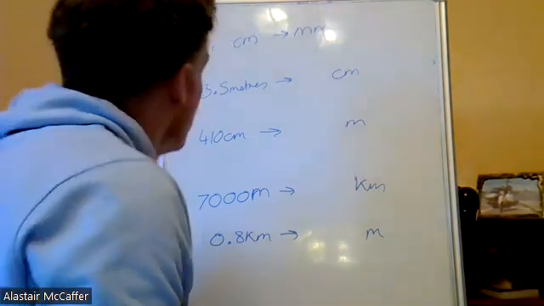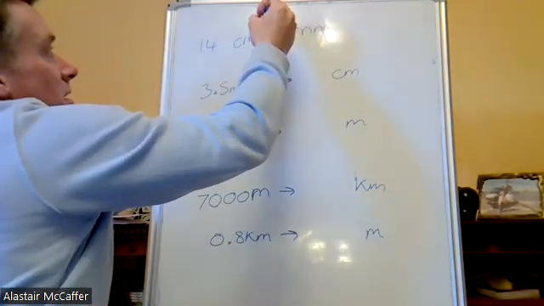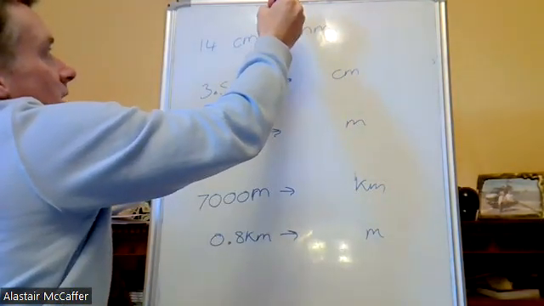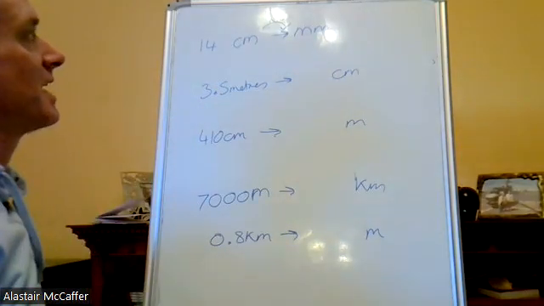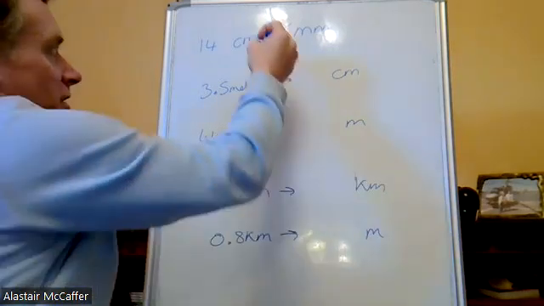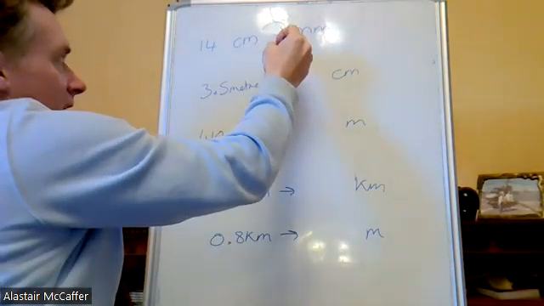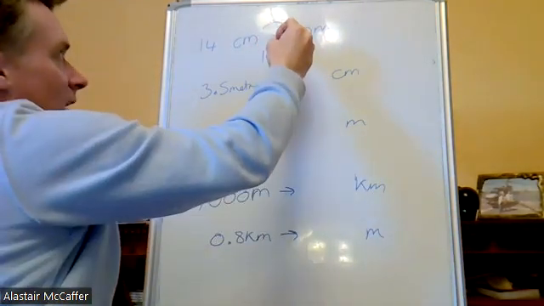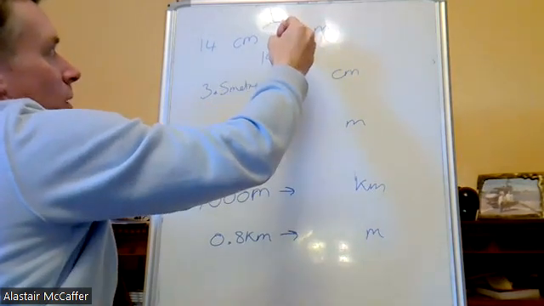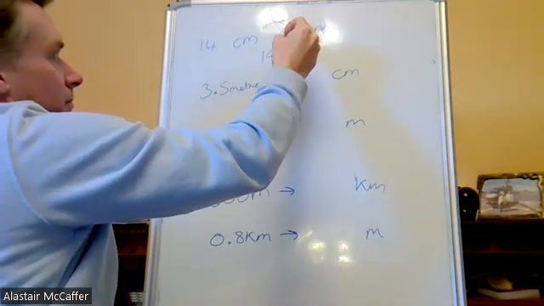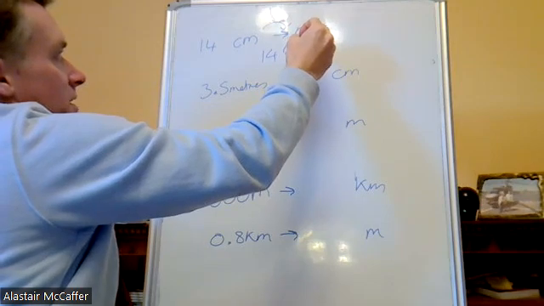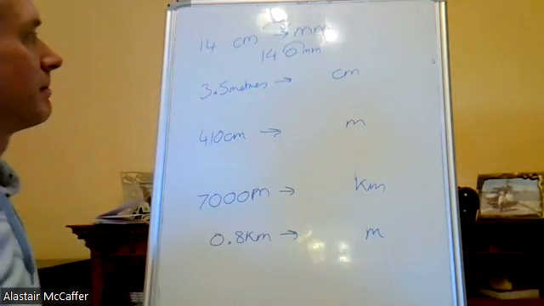Okay, so to go from centimetres to millimetres, you would times by 10 because there's 10 millimetres in a centimetre. So what you've got is you've got 14 and then the decimal point is there and then you times by 10, so you would move it one place to the right. So it would be 140 millimetres.